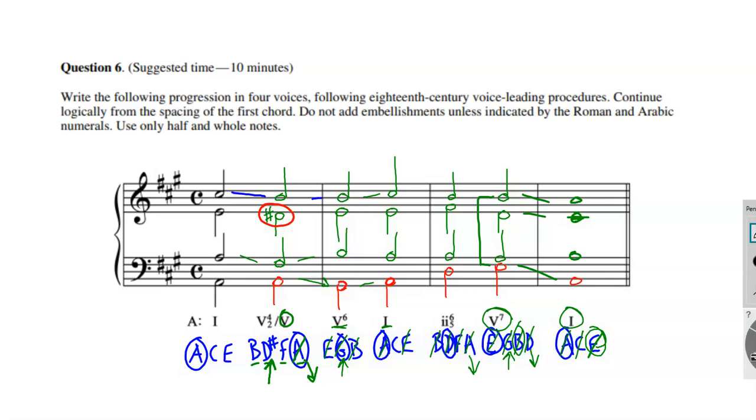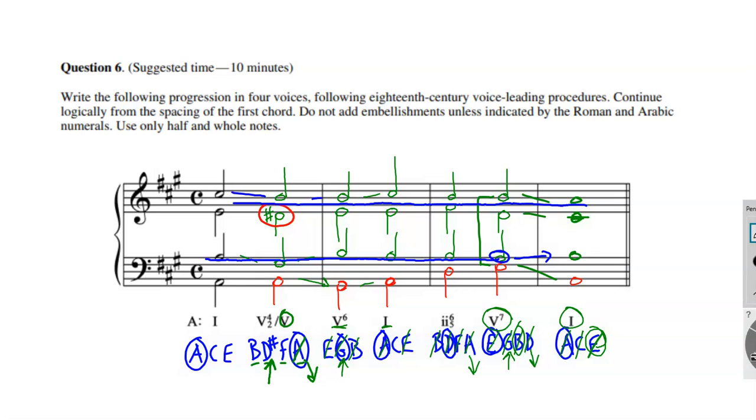Anytime you see a G sharp anywhere in this whole thing, you should make sure that it resolves correctly. I don't see any G sharps in this treble clef, but maybe here on the bass clef. Okay, so there's a G sharp. We need to make sure it goes up.